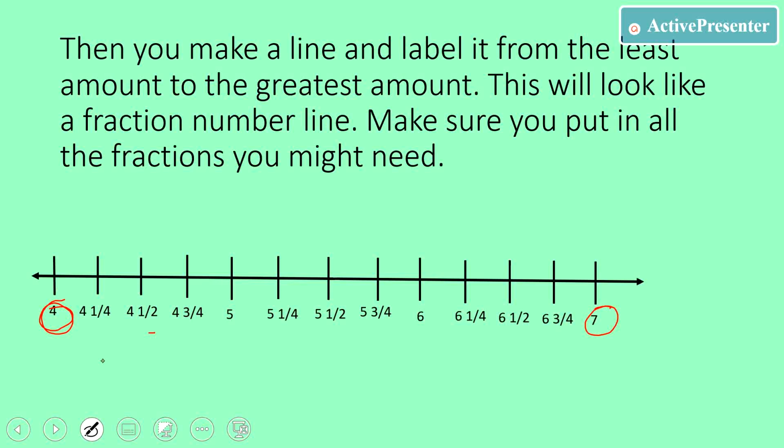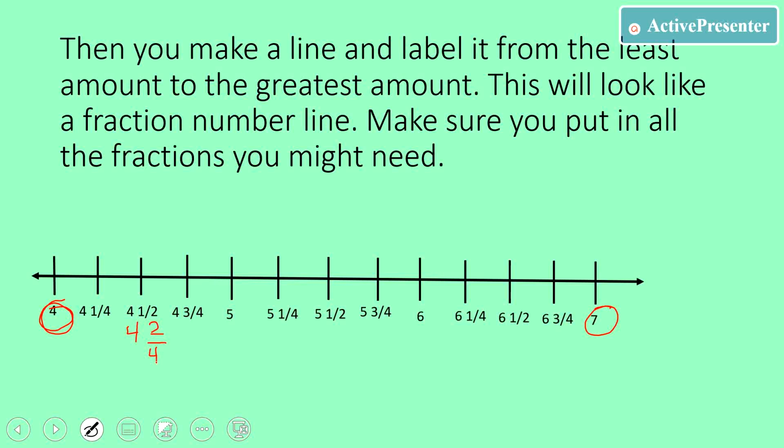I have 4 1/4, and then I have 4.5. It really is the same as 4 2/4. So if I think of it that way, 4.5 is the exact same as 4 2/4. But when I'm using a ruler, it usually shows me where the half is. It doesn't say 4 2/4, because 1/2 is equal to 2/4.